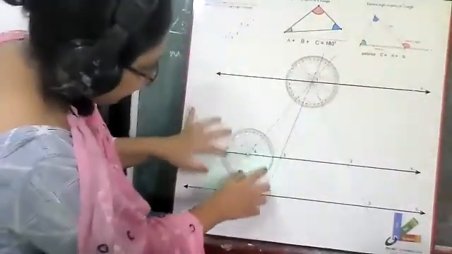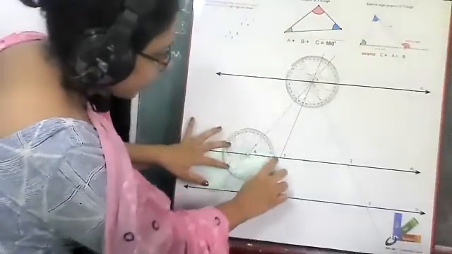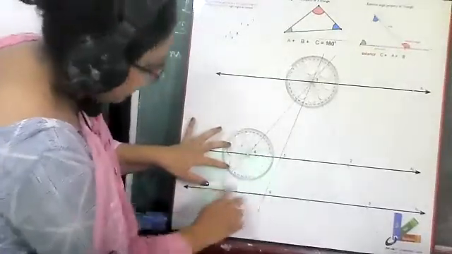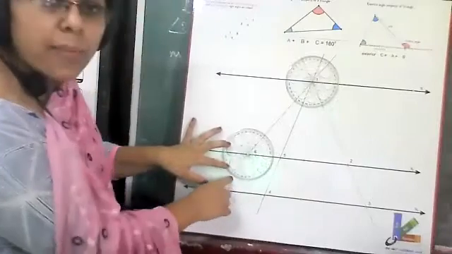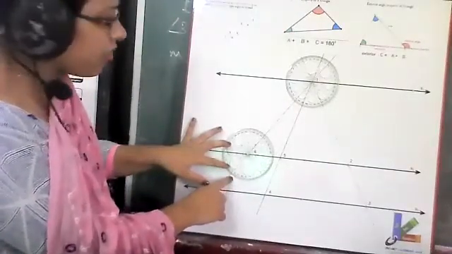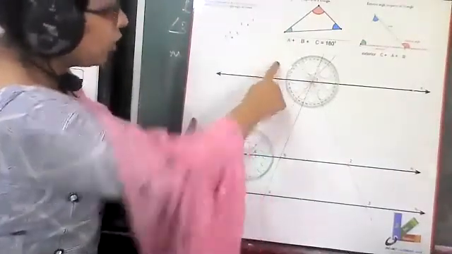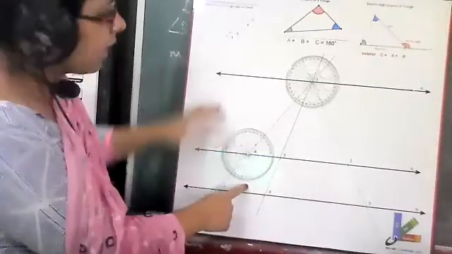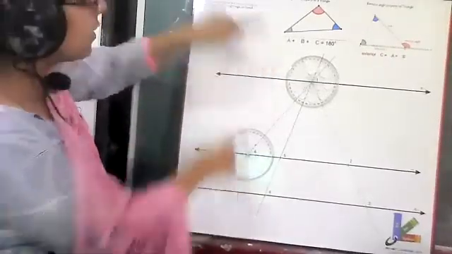Similarly here, if I set 0 at this point and measure, this is your angle 8, and it again comes out to be 125 degrees as we have measured earlier. That means this angle 2 is equal to this angle 8, and they form a pair of alternate exterior angles as you can see in this figure.